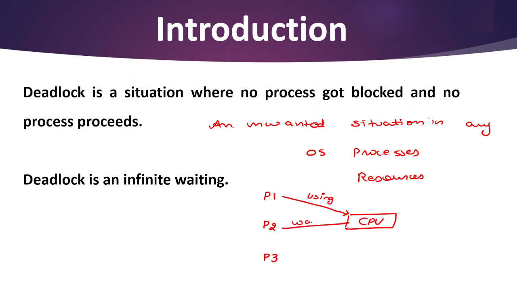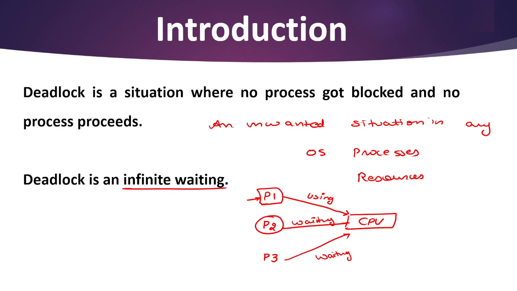P2 is waiting for the CPU to be released by P1, and process P3 is also waiting for the same resource. Only when P1 releases the CPU will it be allotted to process P2. If P1 does not release the CPU for a longer period of time, then it becomes a deadlock.